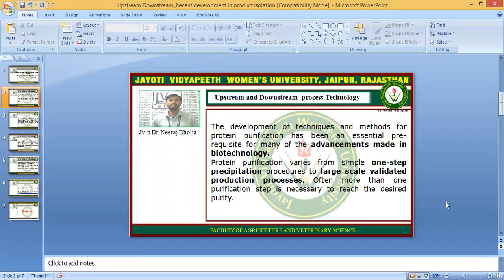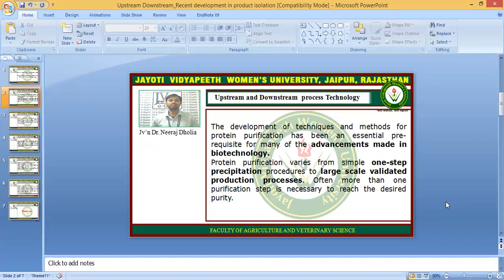A simple one-step precipitation method is also there, in which you add some reagent which creates the precipitation and you isolate the product by collecting the precipitate. So this is a simple one-step process in contrast to the large-scale validated production processes.